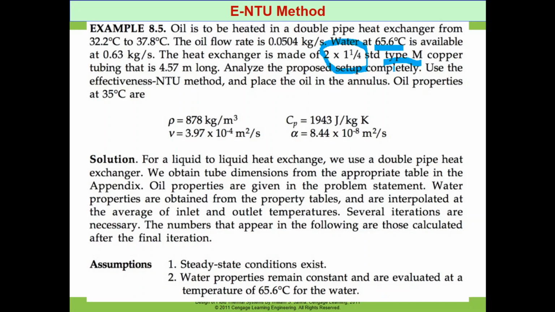That will come out from the calculation. In fact, the oil final temperature will also come out from the calculation, but it is given that it is to be heated to this temperature. So we can assume that this desired outlet temperature can be taken for the property purpose.